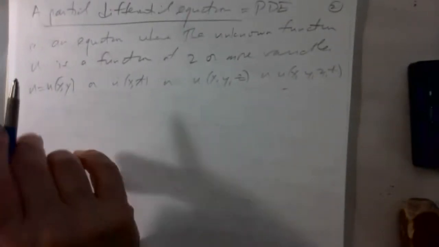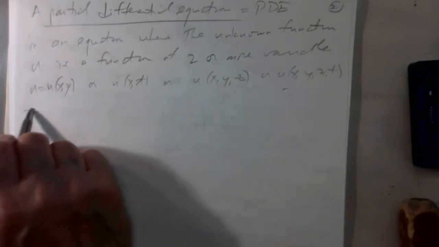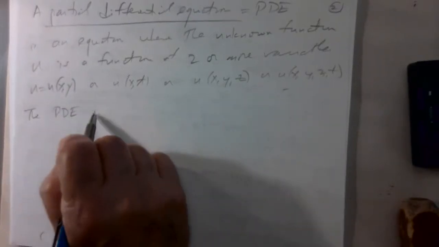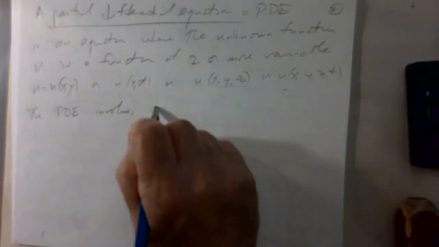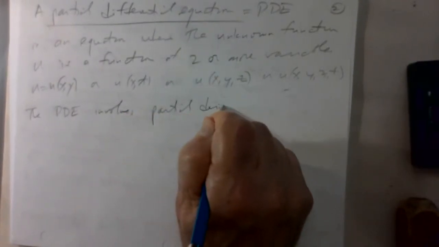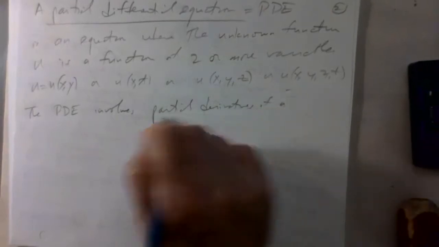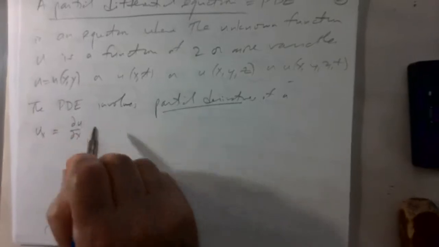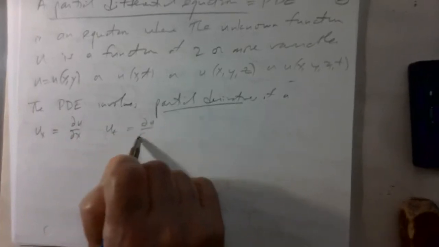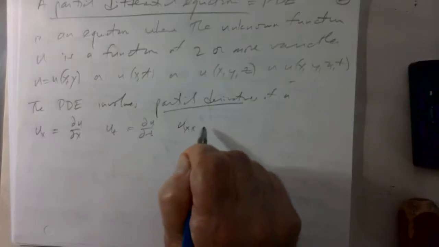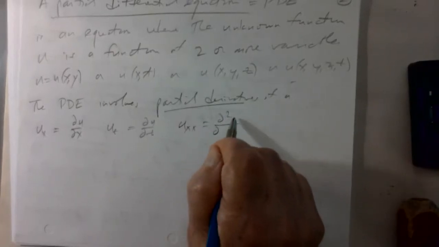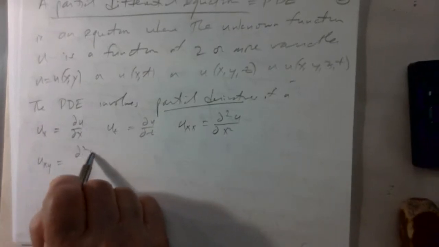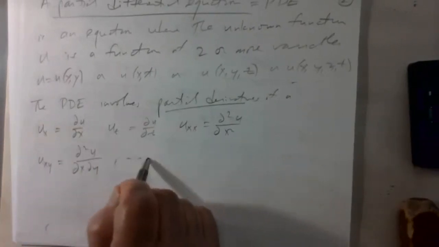And when we can't talk about the derivative of a function of several variables, but you have the partial derivatives. So the PDE involves partial derivatives of u. So you might have ux, which means the partial of u with respect to x, or ut, which is the partial of u with respect to t, or uxx, which is the second derivative, the partial of u with respect to x twice, or uxy, which is the second partial of u with respect to x and y, and so on.